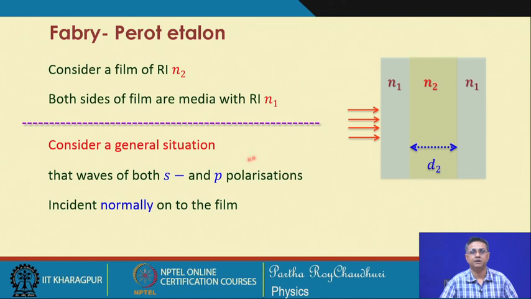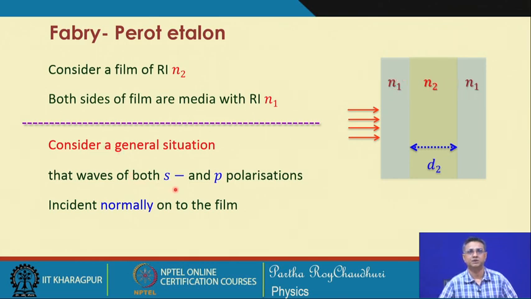Now, we will look at our old notion about this Fabry-Perot, but this time we will use this matrix equation. Consider a film, a Fabry-Perot etalon, which has a thickness of d2 and refractive index n2, surrounded by n1 and n1.